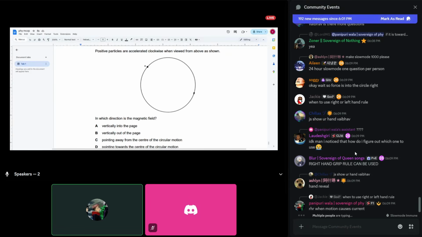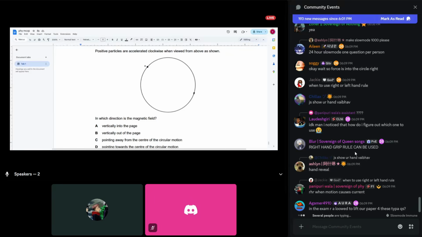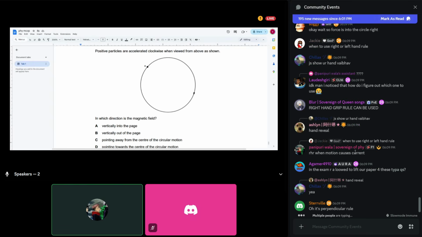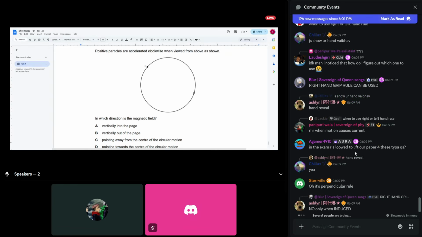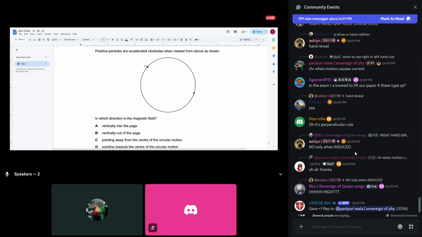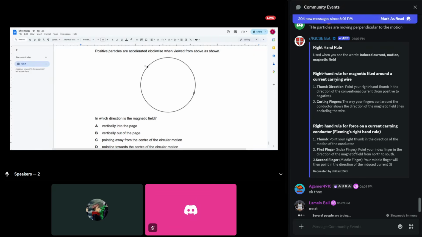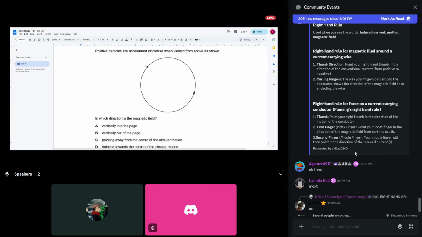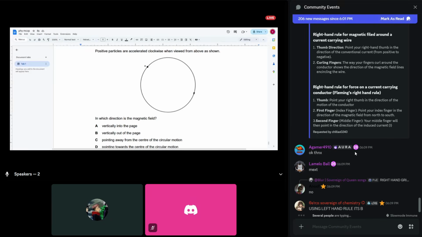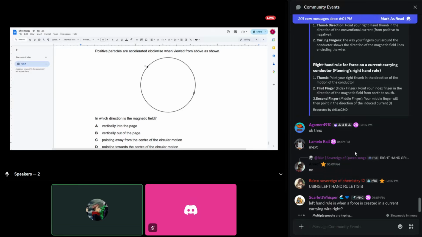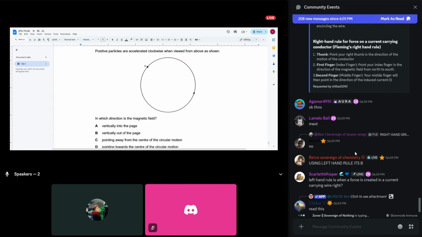It is not the right hand grip rule. We are allowed to lift our paper as long as you do not show it to other people. Yes, it's B. I don't know why you were saying A the entire time.